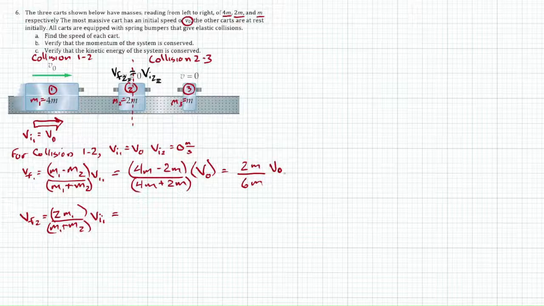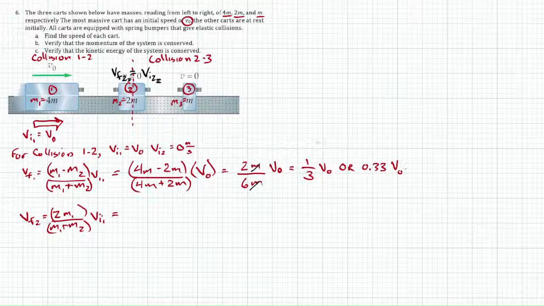It looks like a VO. You can see now that our m's are certainly going to cancel out and become 1. And 2/6 simplifies to 1/3 VO. Or you could simply say 0.33 VO.